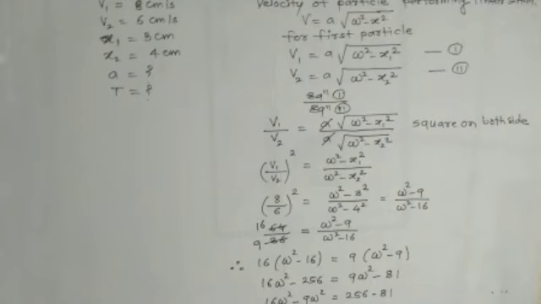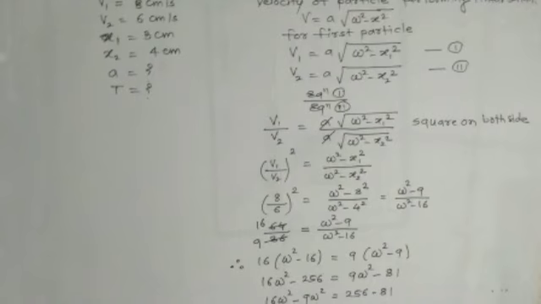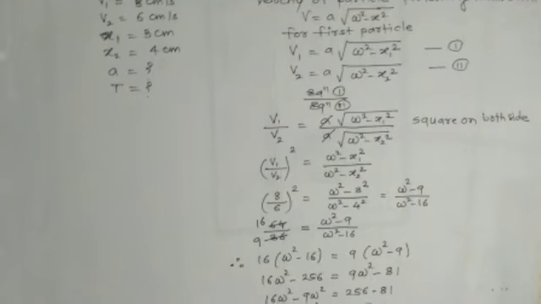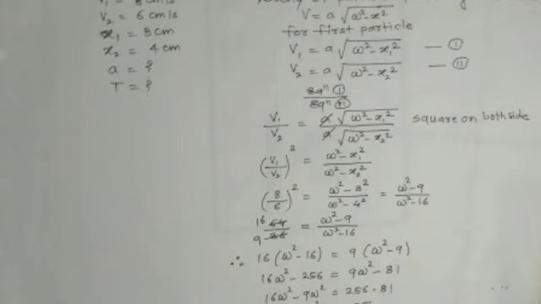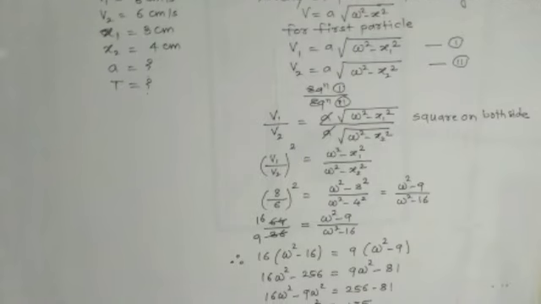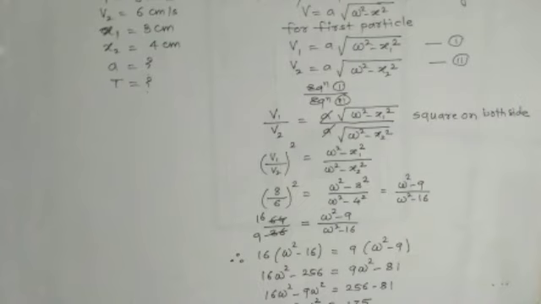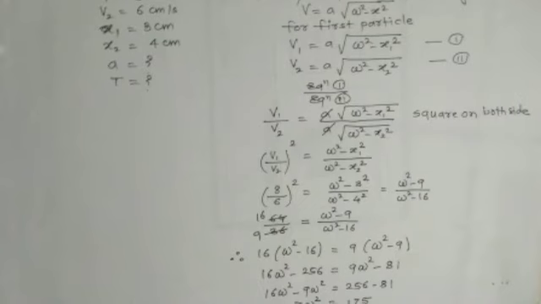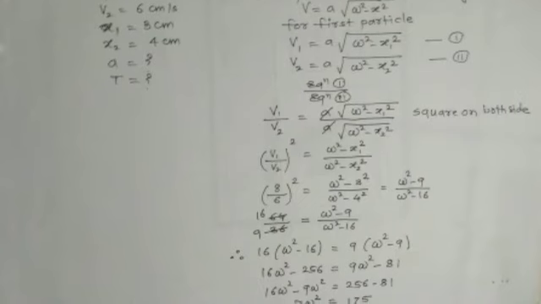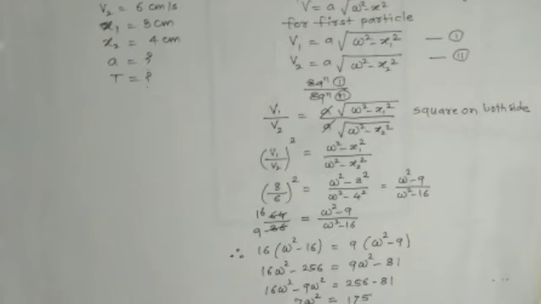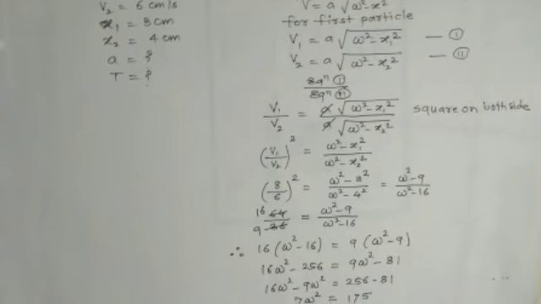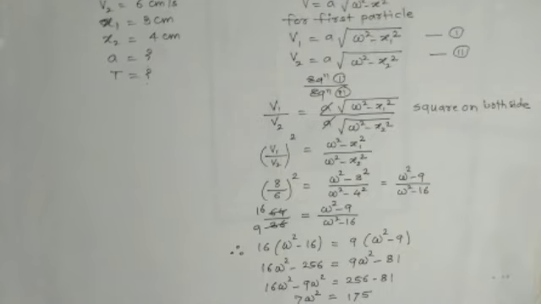So we square the equation on both sides. (V1 upon V2) square equals omega square minus x1 square upon omega square minus x2 square. If we substitute the values, then the values will be 64 upon 36 equals omega square minus 9 upon omega square minus 16.